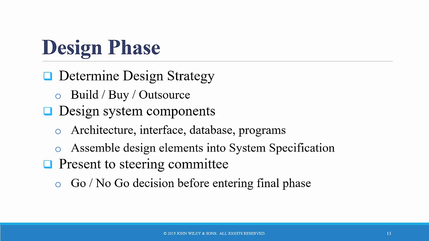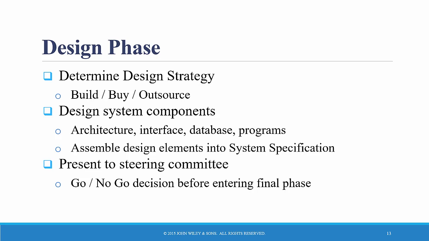there are at least 4 steps according to these authors. The design strategy, first of all, must be determined, which clarifies whether the system will be developed in-house by the company's own programmers, whether the system might be outsourced and built by another company, or whether the system will simply be bought off the shelf.